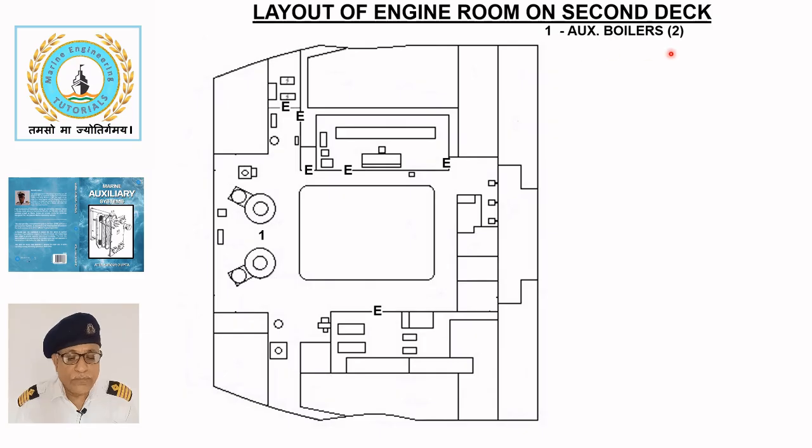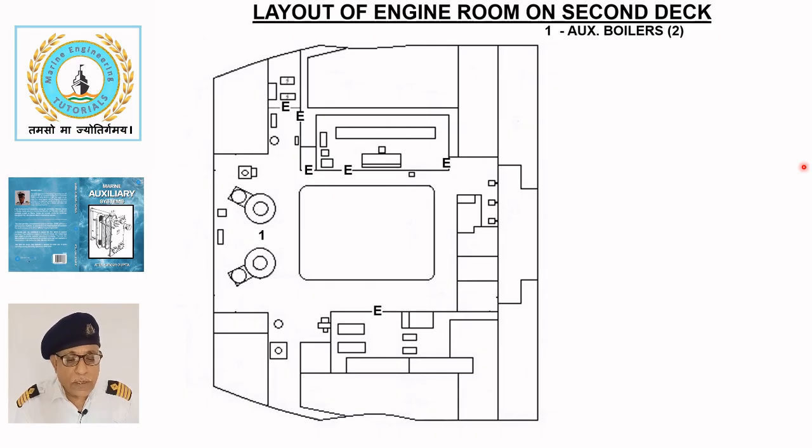Auxiliary boilers. Two auxiliary boilers, 1, are installed on this deck to supply steam mainly for heating purposes. However, on conventional oil tanker, the primary purpose of the boiler is to produce inert gas to ensure the safety of cargo tanks against explosion.